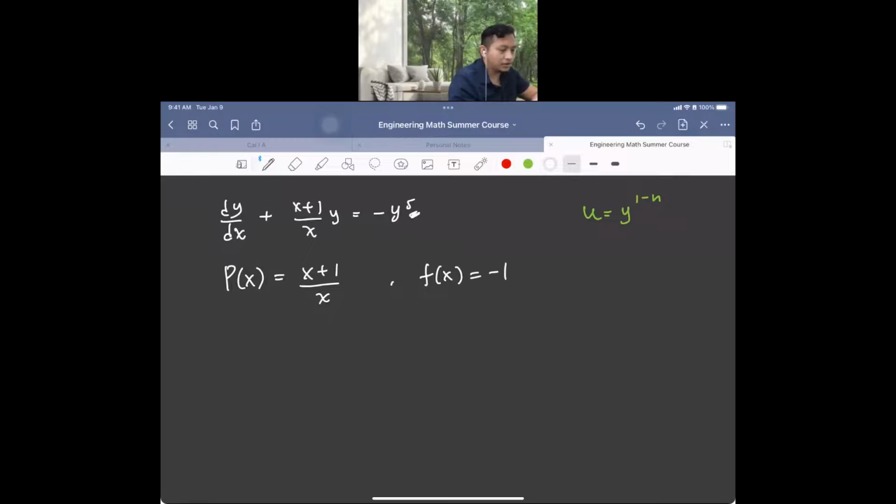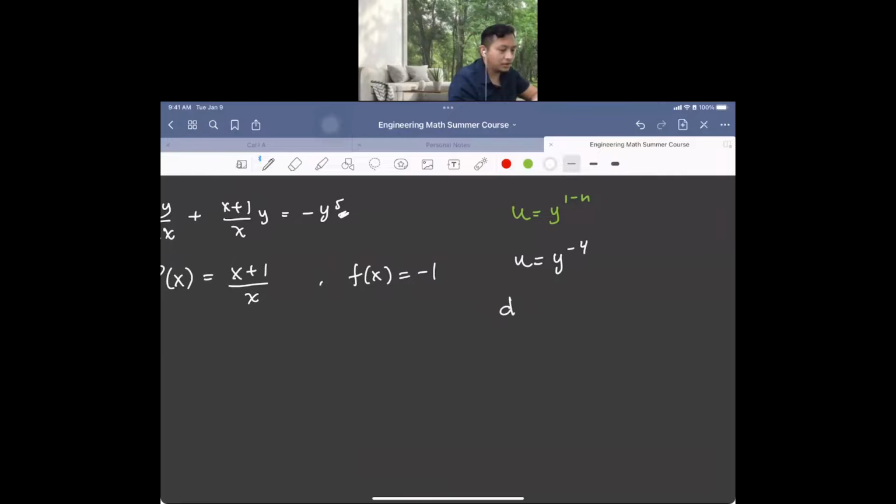So n is 5, right? So u is y to the negative 4. So u prime is negative 4 y to the negative 5 y prime. In other words, y prime is negative 1 over (4 y to the 5) times u prime.